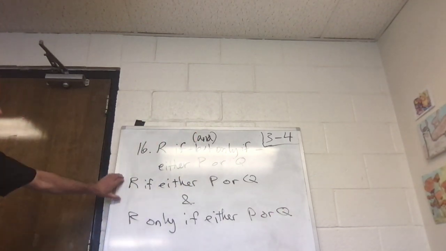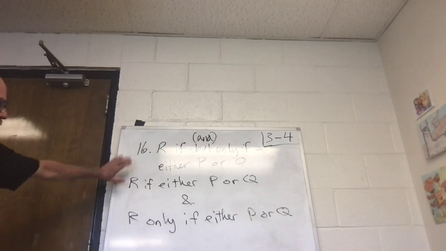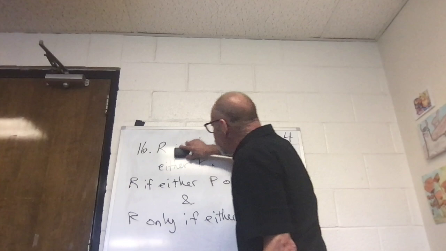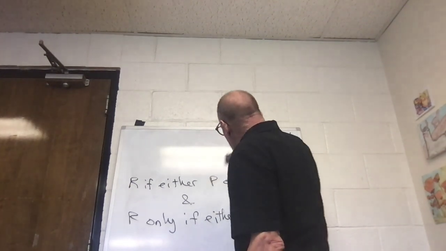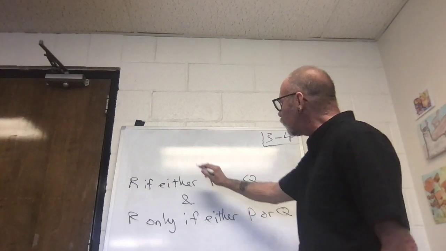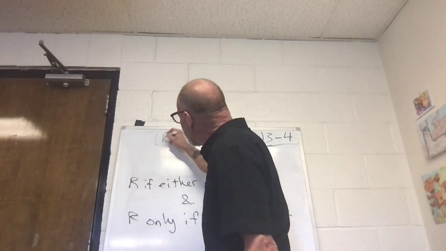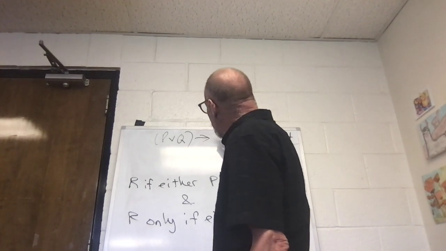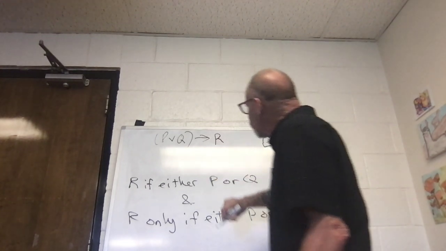Let me erase what I have above this. And above it, we'll get our translation of R if either P or Q. If introduces the antecedent, so now either P or Q is going to be the antecedent. That's P wedge Q, grouped together inside of parentheses.